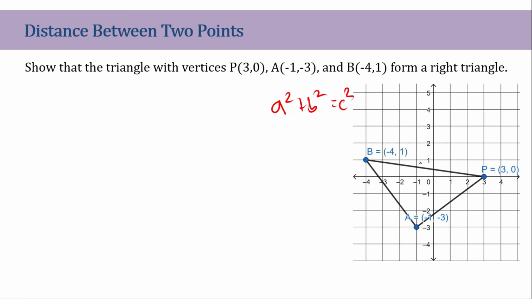Meaning we need to get all the sides of it, and let's choose the longest side as its hypotenuse. And let's assign the other two legs as a and b. And we follow this formula and let's see if it will become equal. And if it becomes equal to this formula, then the triangle is a right triangle.